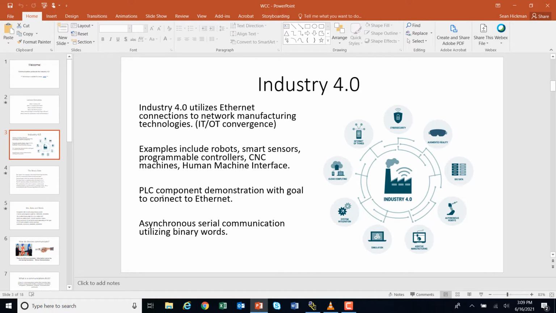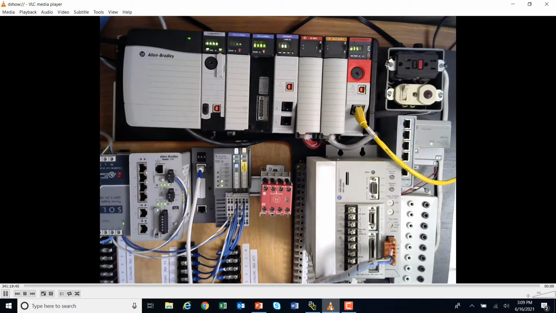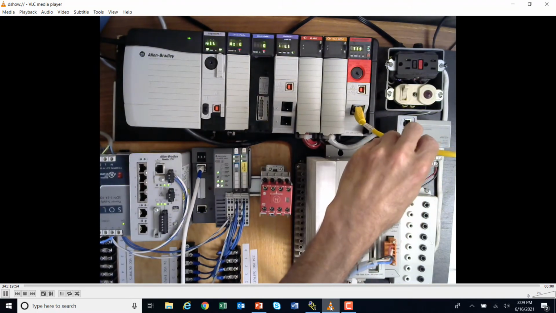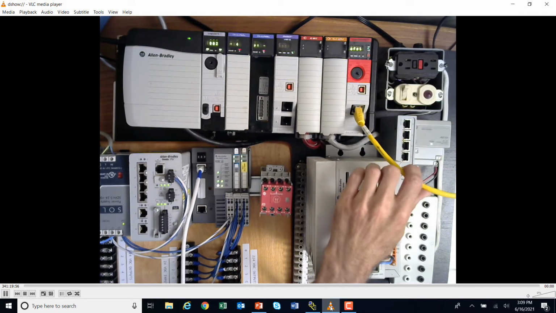All right. So PLC components are connected to the Ethernet. That is the goal. So if I come over here, what I have here is a programmable logic controller and some miscellaneous equipment. Up here I have a programmable logic controller, and what I've got right here is an Ethernet cable, and this thing is plugged into my computer.